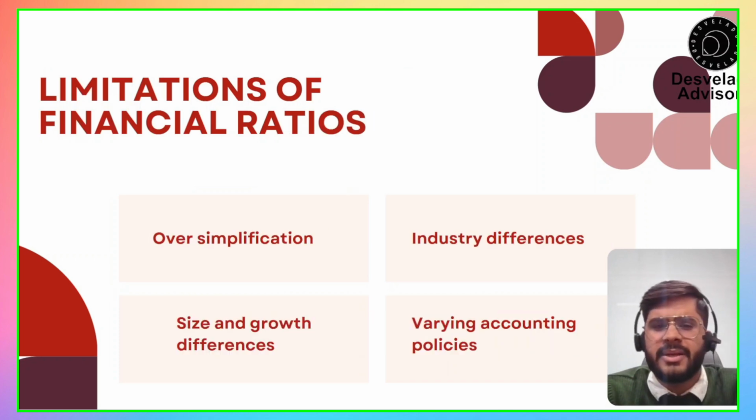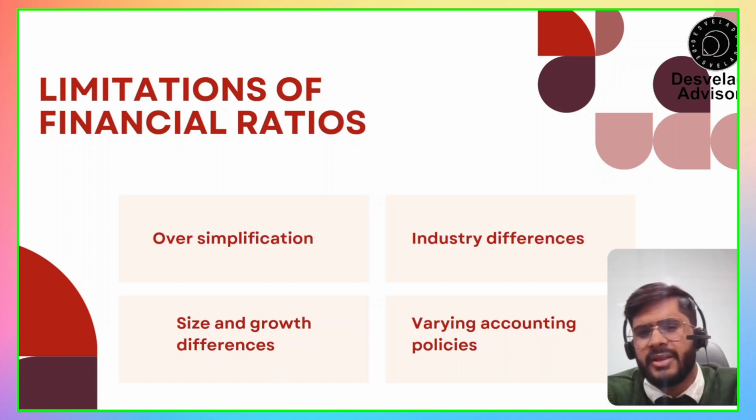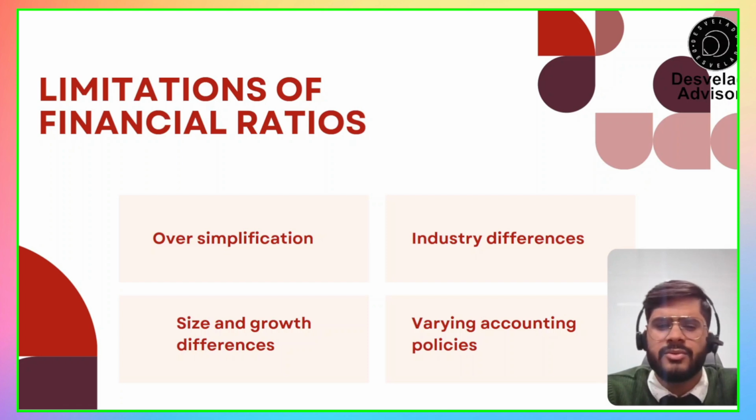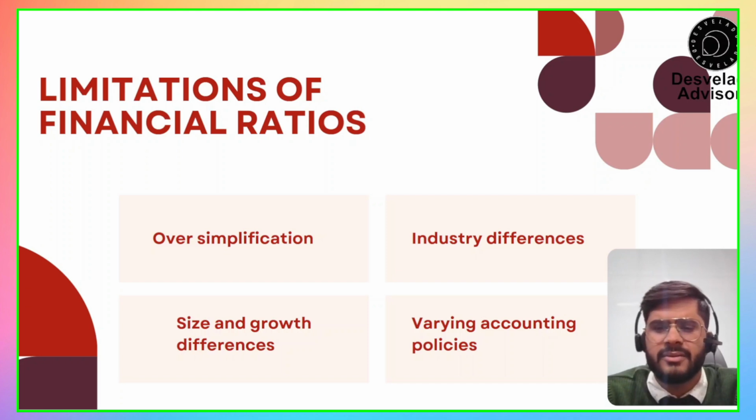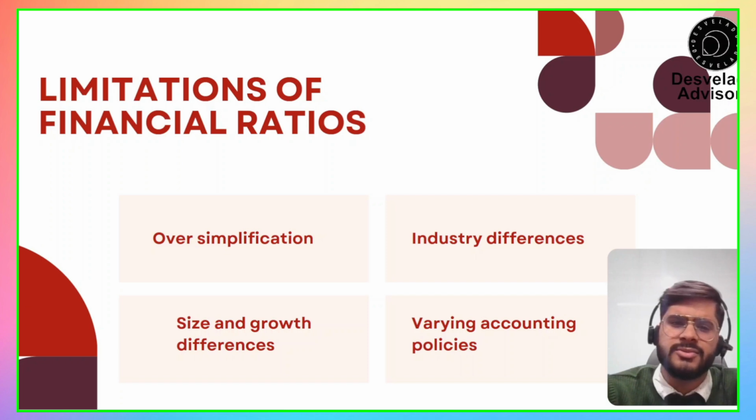And now these are the limitations: very complex processes are oversimplified through ratios, there are very large industry differences, size and growth differences are also there, and various accounting policies will produce different accounting ratios.